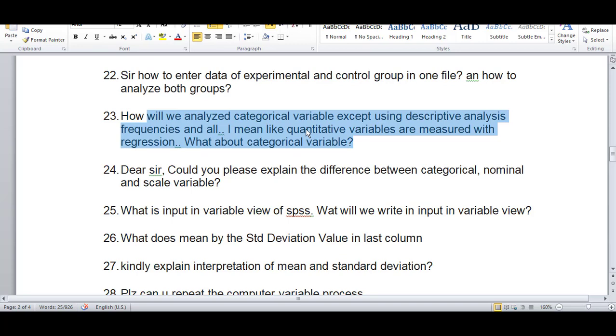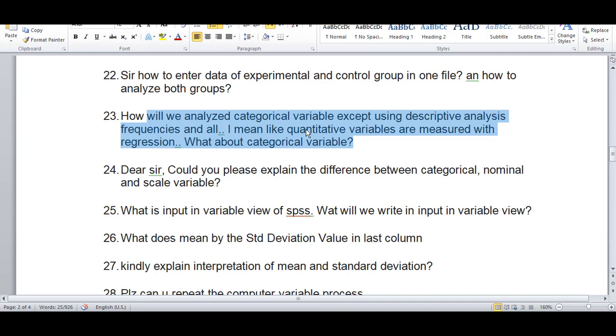For example, if you want to see the association between gender and political affiliation, you assume that mostly females are affiliated with a certain political party and males with another, and you want to conduct a study whether gender has influence on political affiliation.